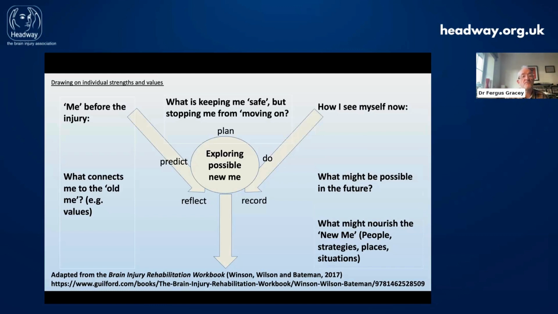How do I see myself now? What about the things that haven't changed? What connects me to the old me? What might be possible in the future? And then if that is possible, or if new things do start to emerge, what's going to help to nourish and sustain that? So you can use this as a worksheet around those things.